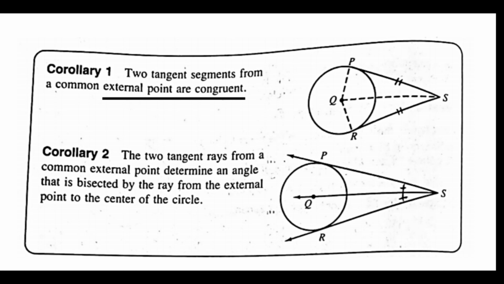The two tangent rays from a common external point determine an angle that is bisected by the ray from the external point to the center of the circle. So looking at the figure, which of them are the two tangent rays? The two tangent rays are ray SP and ray SR. And the common external point is point S. And we have here the ray SQ.